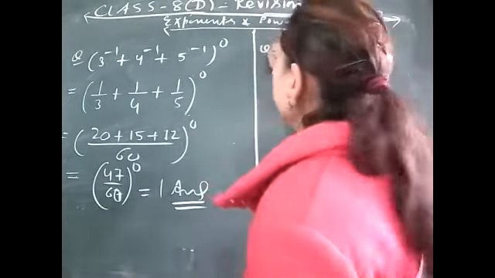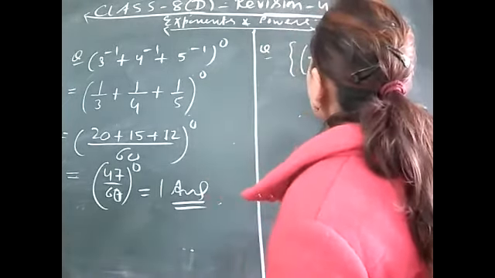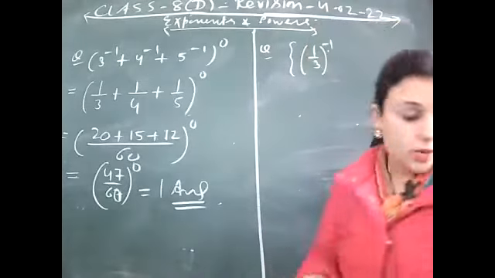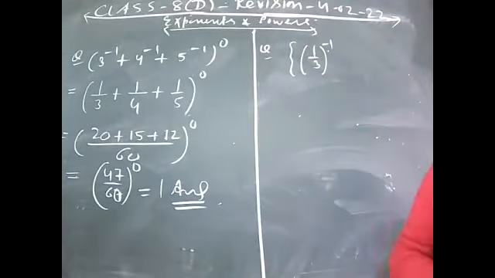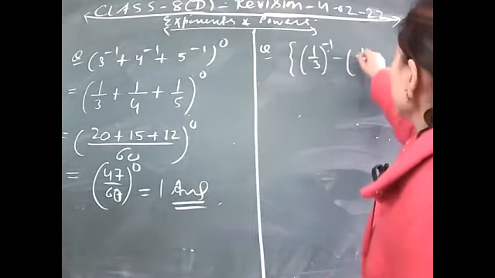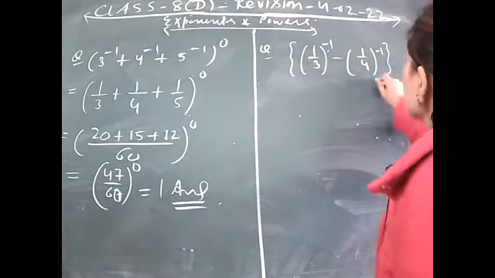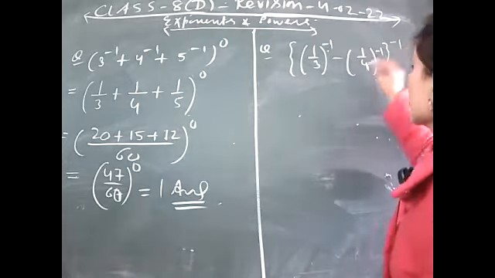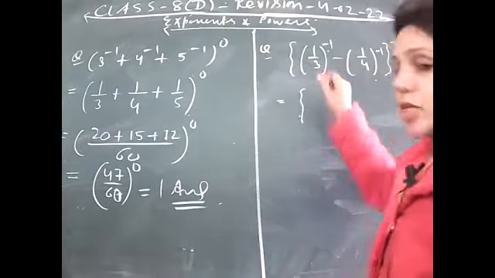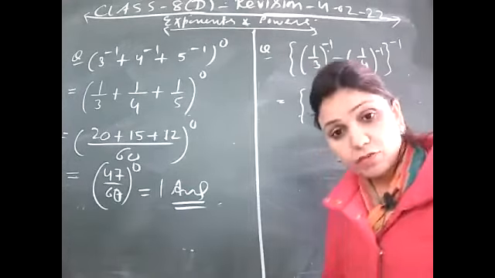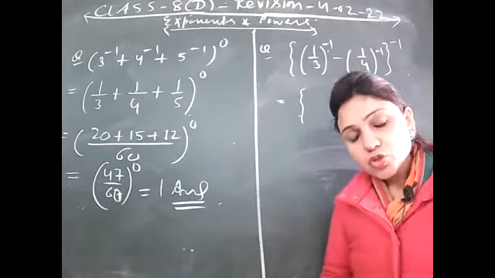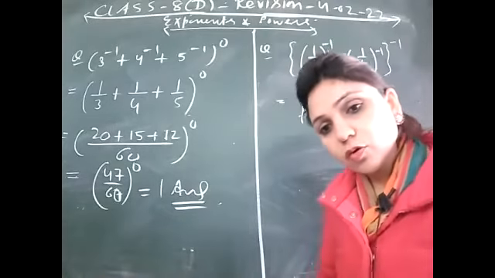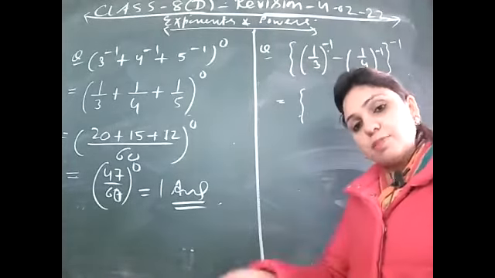Evaluate 1 by 3 raised to power minus 1 minus 1 by 4 raised to power minus 1, whole raised to power minus 1. I told you that when a rational number has a negative power and we have to convert it into a positive power, what criteria do we follow? We just take the reciprocal of the number.